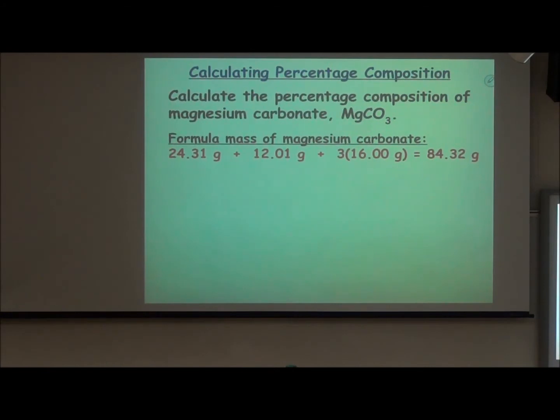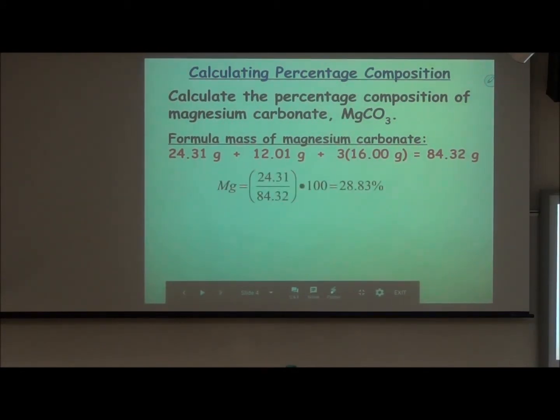So when we want to find the percent composition of magnesium, what do we do with those numbers? Find the percent of anything, we divide what by what? Jack? Part by the whole. So for magnesium, we're going to take our 24.31 divided by the total mass.